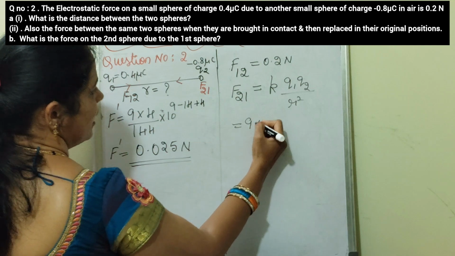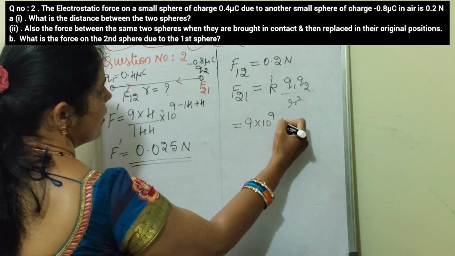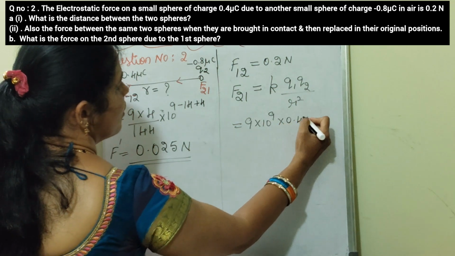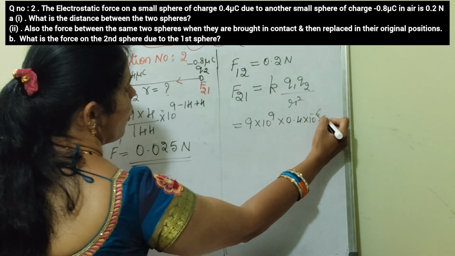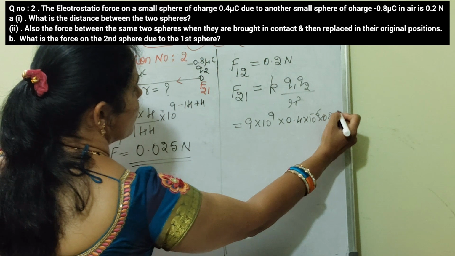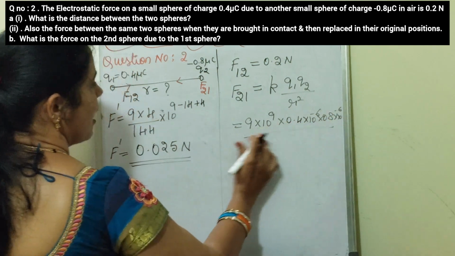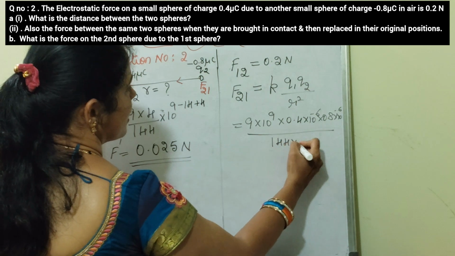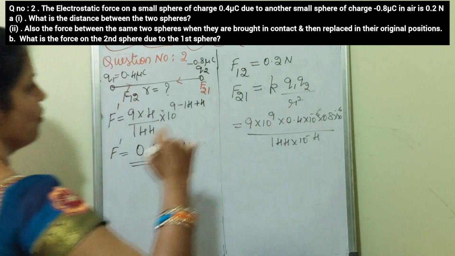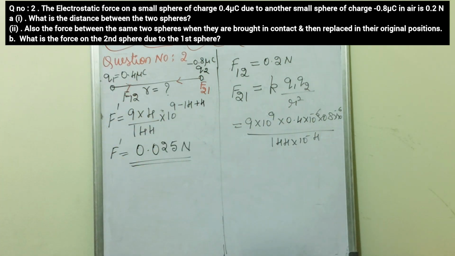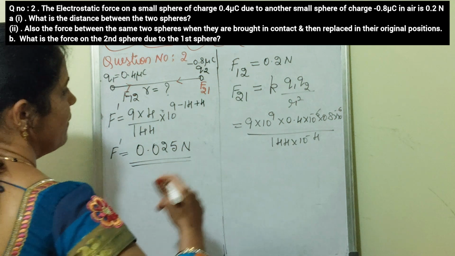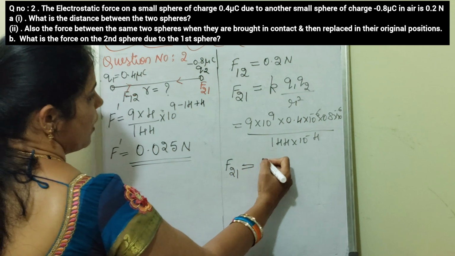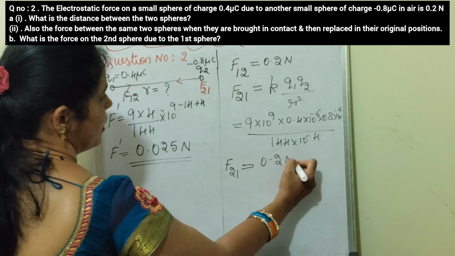Substituting 9 into 10 to the power 9, Q1 and Q2 are 0.4 microcoulomb and 0.8 microcoulomb, divided by R square, which is 144 into 10 to the power minus 4. On solving, we come to know that F21 is 0.2 Newton.